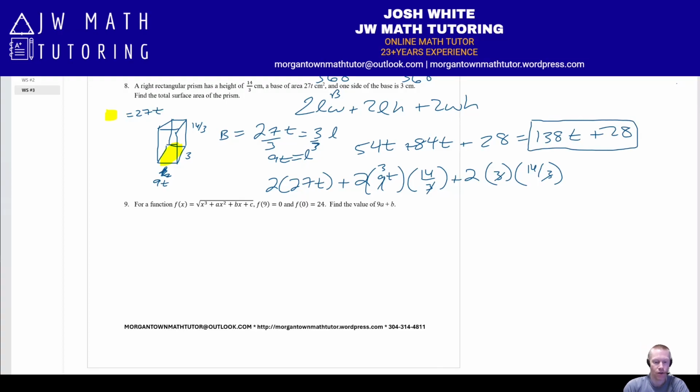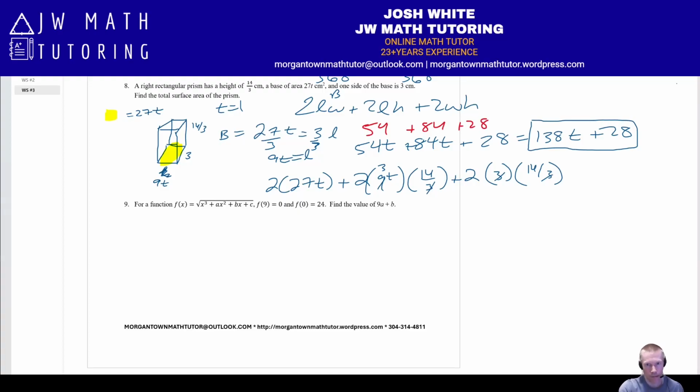Now, just so you know, since this would be a multiple choice question on the test, what you could do as well is pick a value for t, just like let t equal 1, all right? And then go through and work out the entire problem, and your answers are all going to be numbers, not expressions. So for example, this would be 54, this would be 84, and this would be 28.